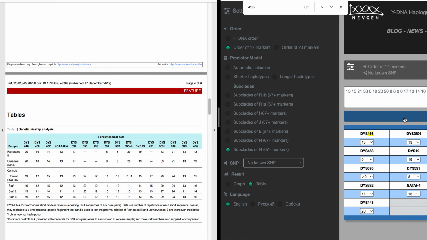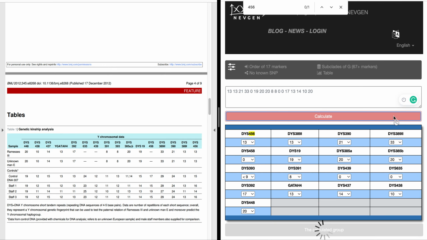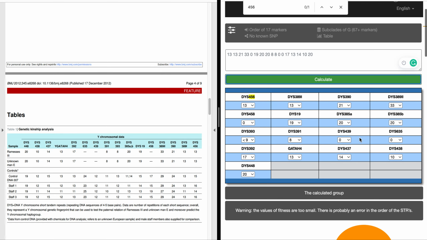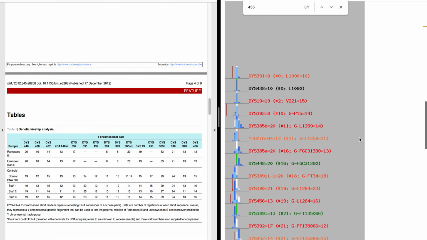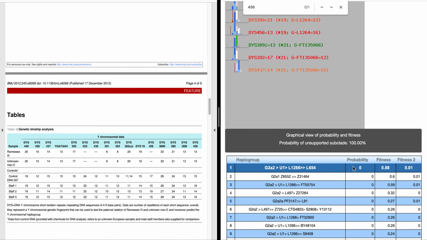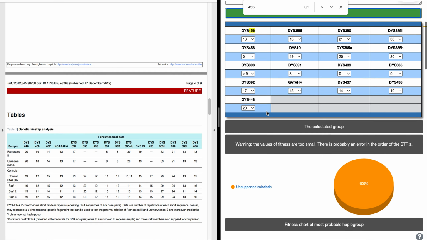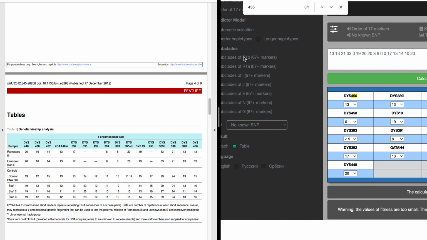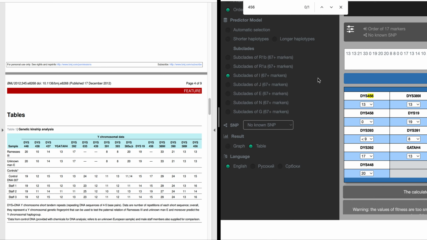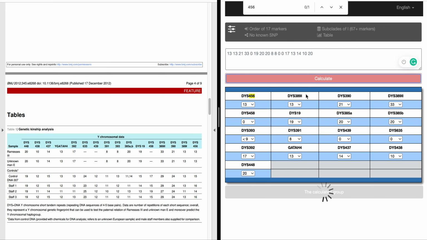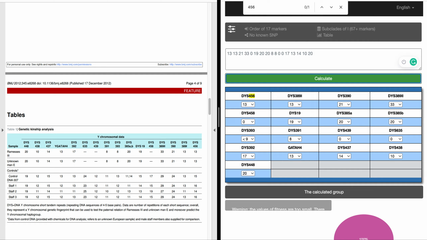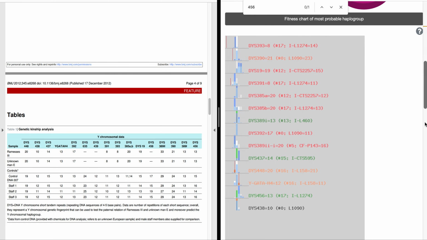Alright, so the next one is G. I'm going alphabetical order, so gotta get them ABCs in. Alright, so its probability is 0. I. Alright.